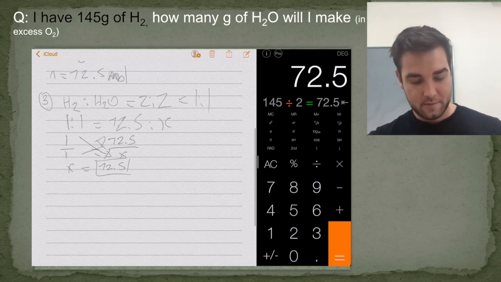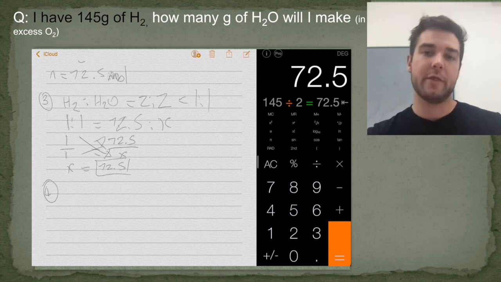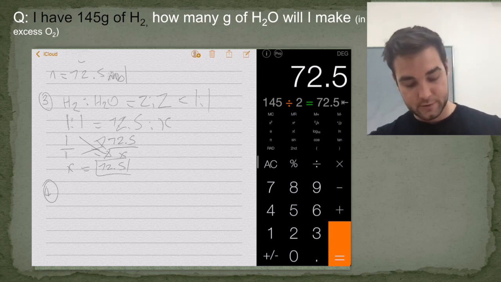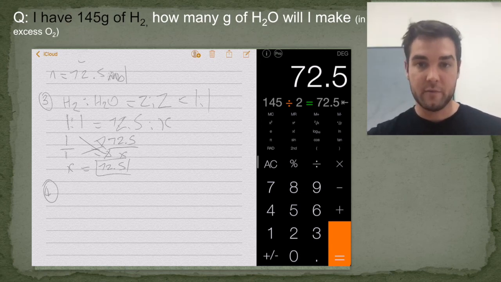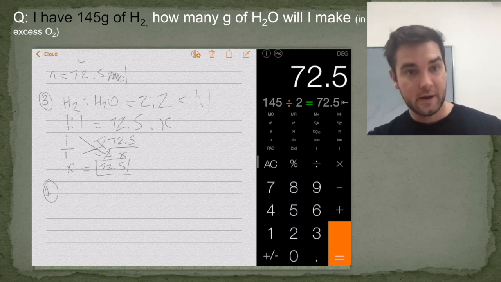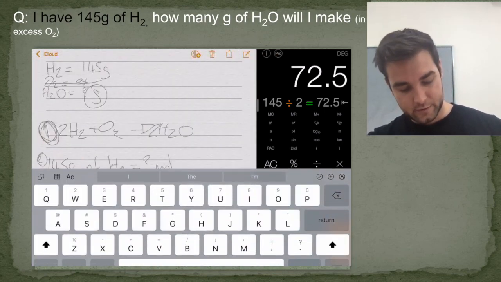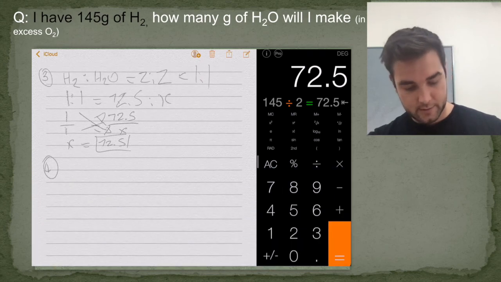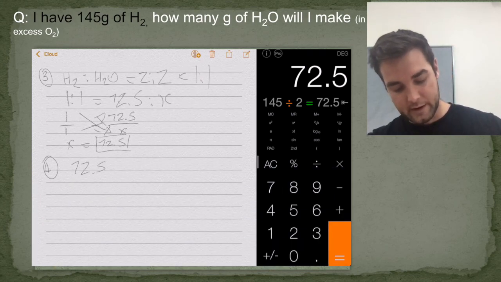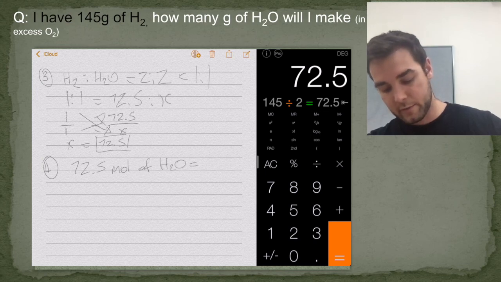Finally, step number 4 is to convert that 72.5 moles of water into grams. So the question: 72.5 moles of H2O equals question mark grams.